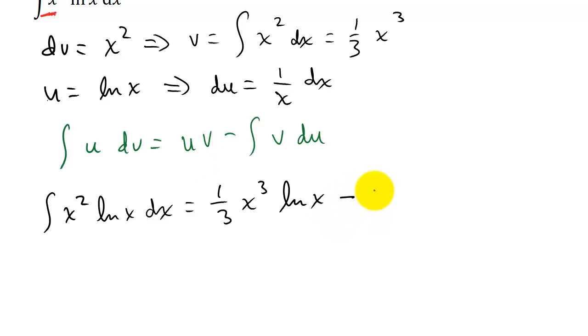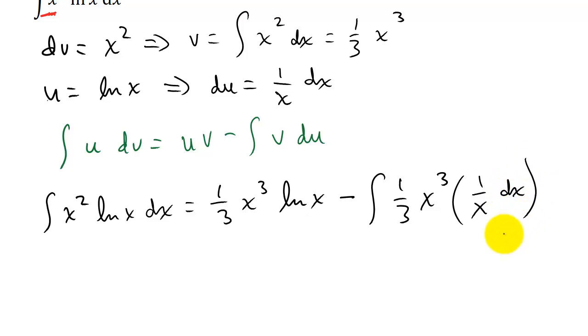Okay, minus the integral of v, which is 1/3 x cubed, times du, and in this case du is 1/x dx, so that's times 1/x dx. And then you can see here that the x and the x cubed will cancel, and I'll be left with the x squared here and a 1 here.